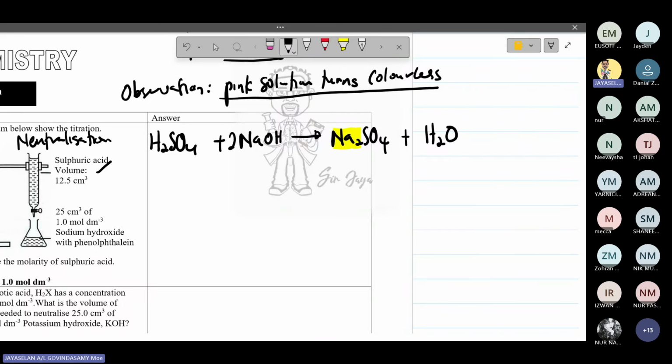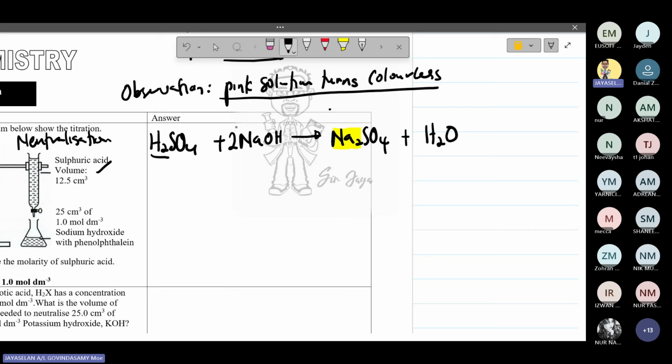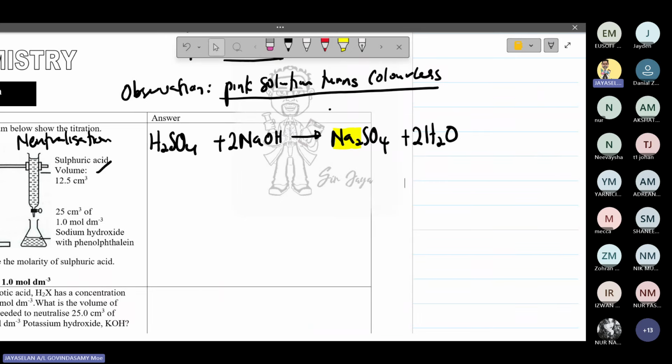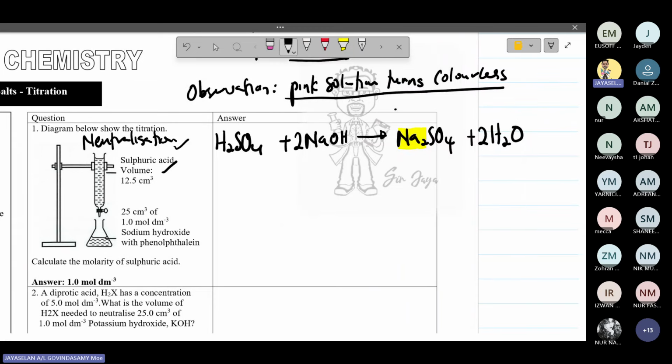After you put this, you balance the hydrogen. Hydrogen here got 2, here got 2, total 4, right? So here you must put 2 times 2, 4. Any question? So you already scored 2 marks. Observation 1 mark. So many marks there.